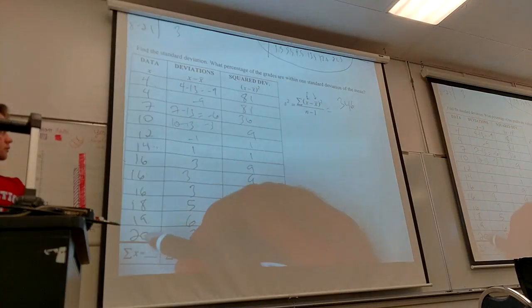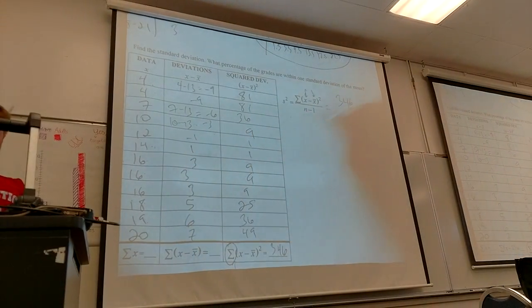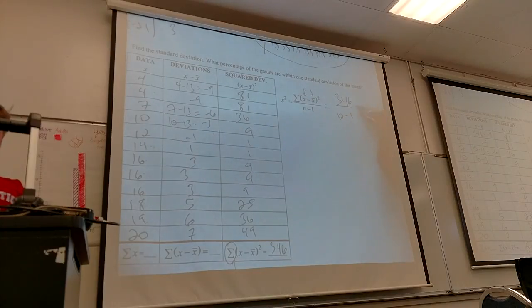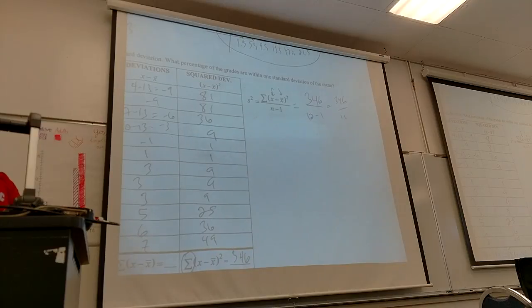I had 12 data points, minus 1 is 11. Then 346 divided by 11 is 31.45 repeating, about 31.